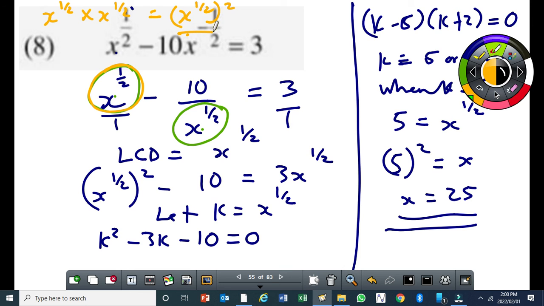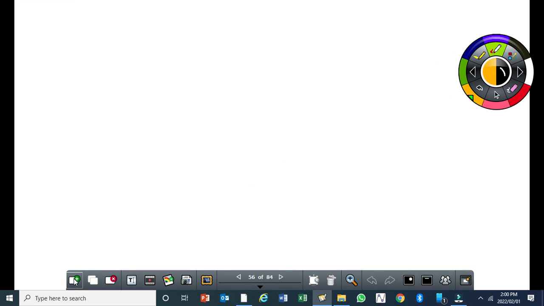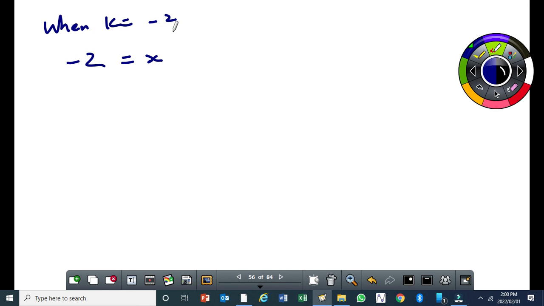So when k is negative 2, we have negative 2 equal to x to the power of a half. Then you square that, and that will be equal to x.